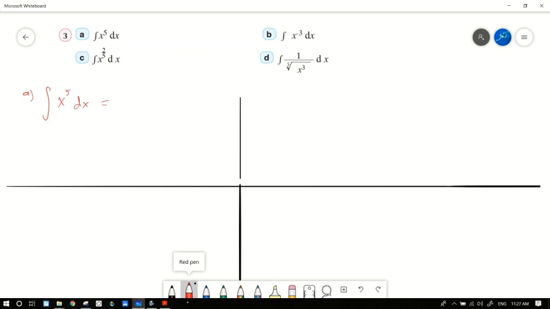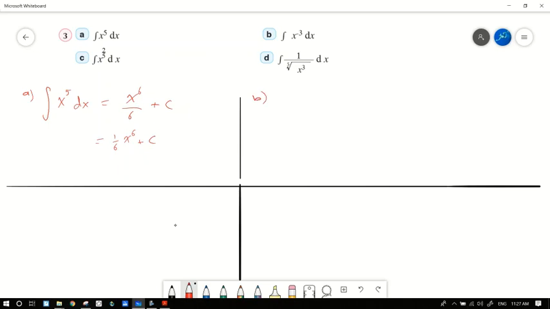The base here is x, so the derivative of x is 1, so there is no need to multiply by 1. So the integration of x power 5 will be x power 6 over the new power, which is 6, and don't forget plus c. And it can be written in the form of 1 over 6 x power 6 plus c.